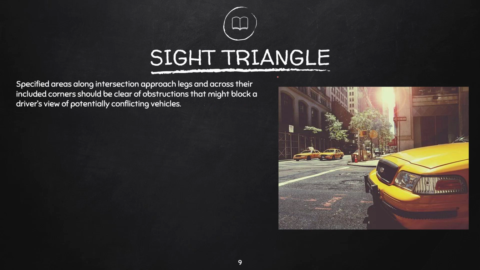So we are now going to discuss sight triangles. In this image here on the slide, you may notice this taxi. Let's assume that you are a taxi driver in this portion of the road.